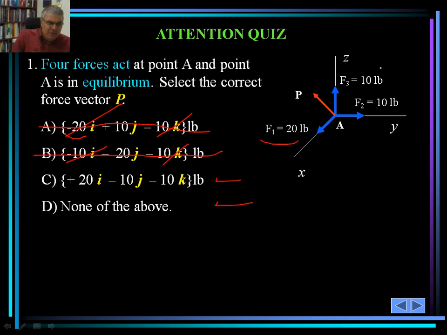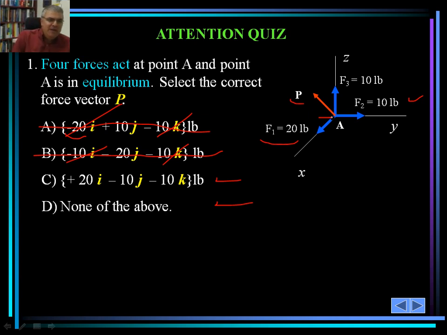So in the J component, can it be negative or positive? For F sub 1, there is no J component. The only J component we have is for P, and also for the 10. So if F sub 2 is 10 pounds, that's in the J. Can P have any J component? Maybe, maybe not.